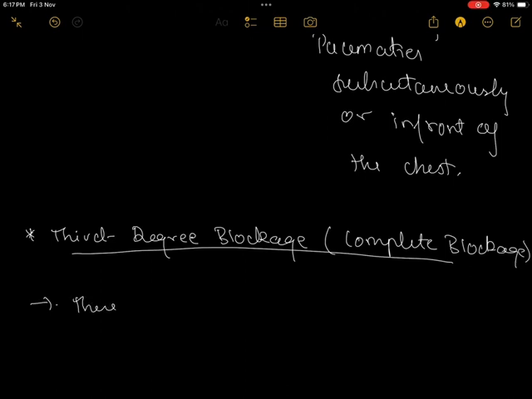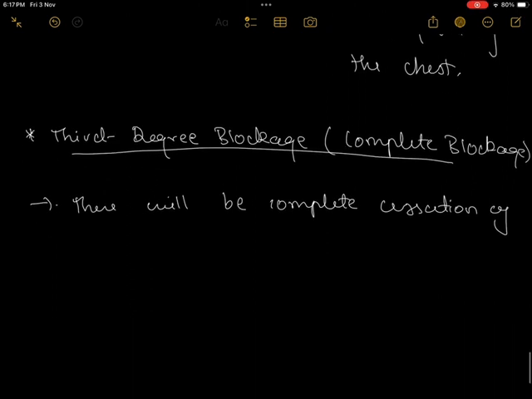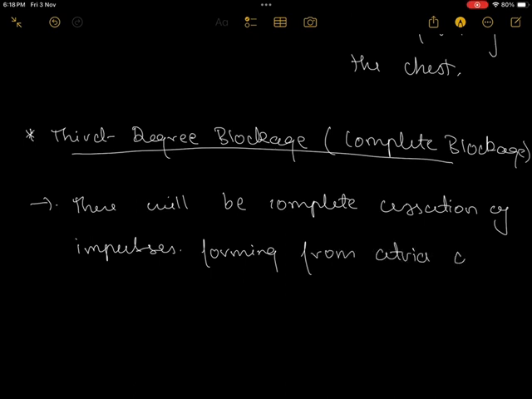There will be complete cessation of impulses forming from atria and transferring to the ventricle.